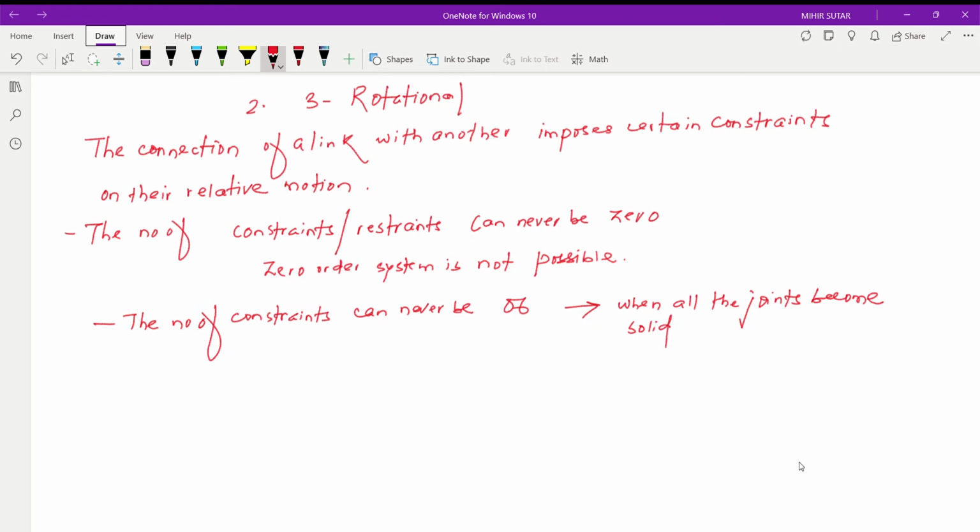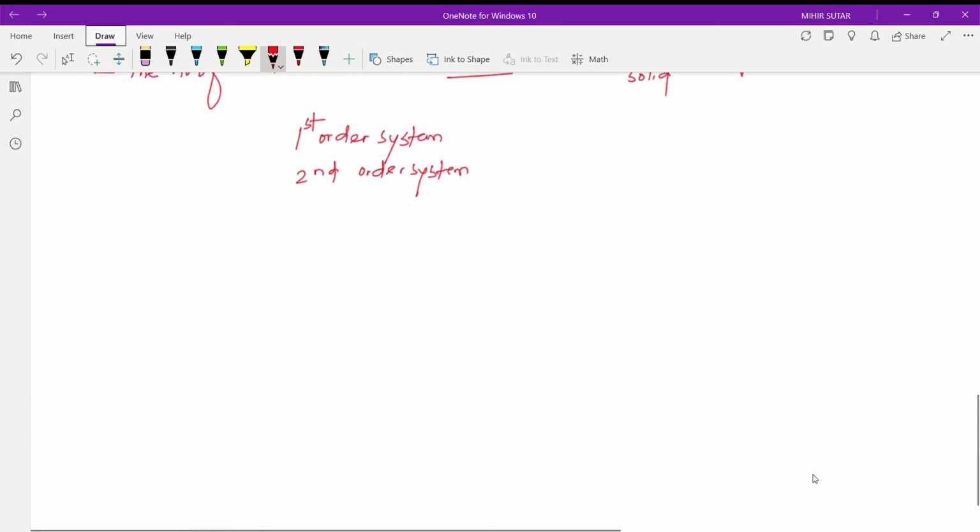This condition happens, but from a mechanism point of view, it is not possible. So it may be a first order system, second order system, third order system, fourth order system, and fifth order system.